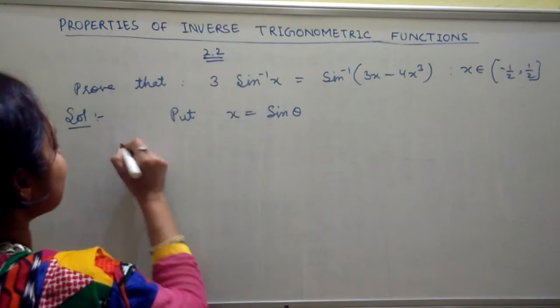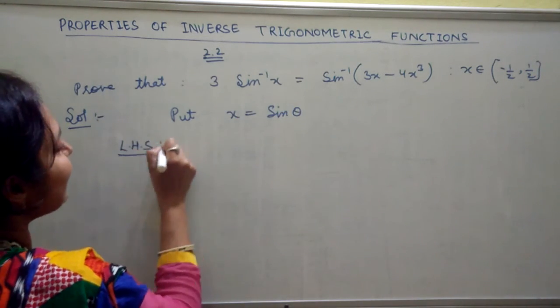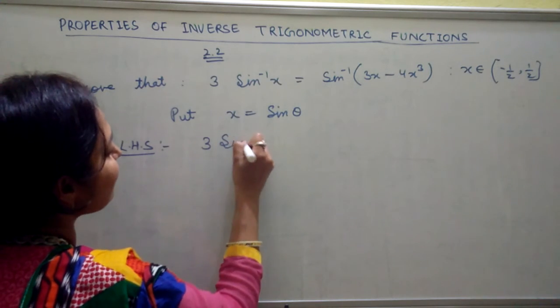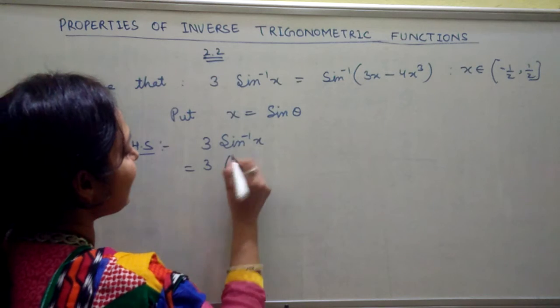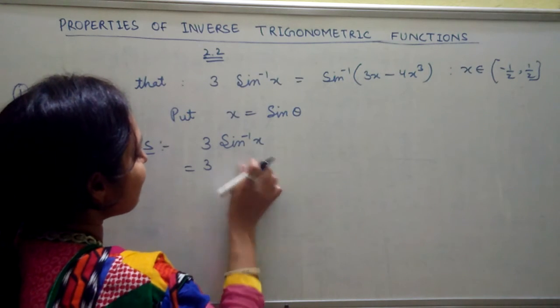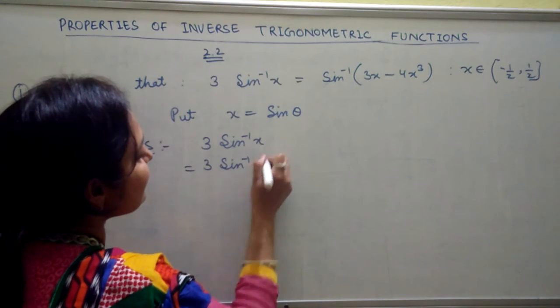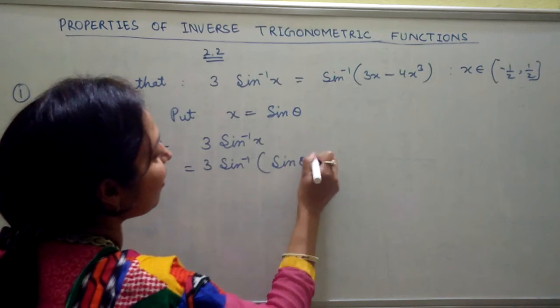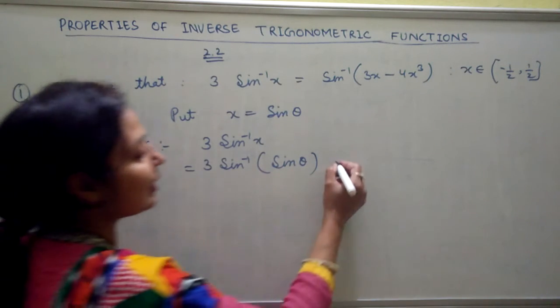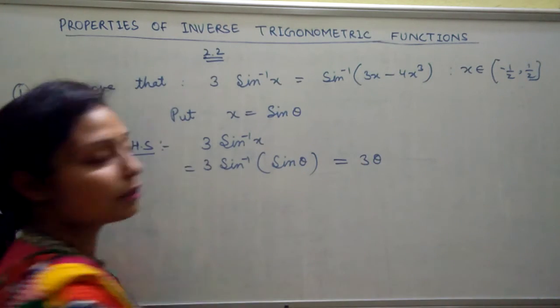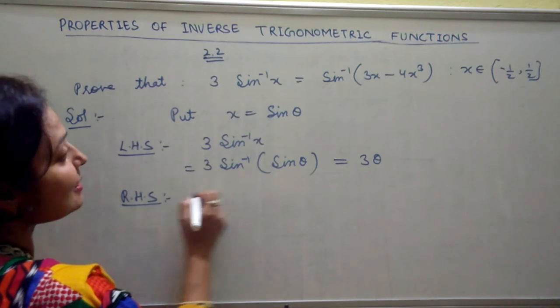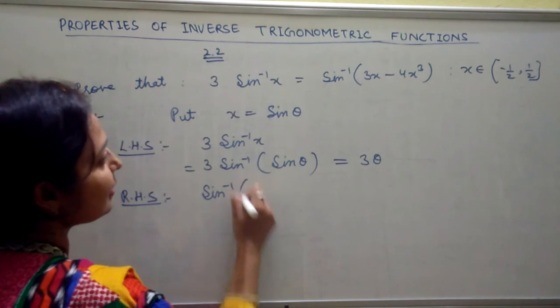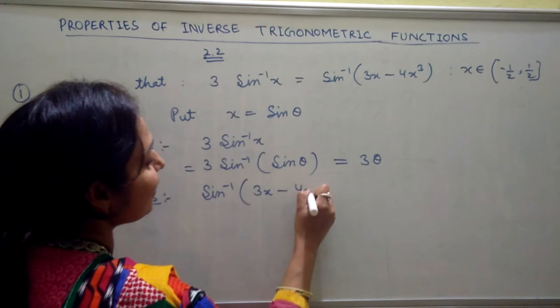Okay. Take the left hand side, which is 3 sine inverse x. I will substitute the value here: 3 sine inverse sine theta. This and this will cancel, we get 3 theta. Now come to the right hand side. Right hand side is sine inverse of 3x minus 4x cube.